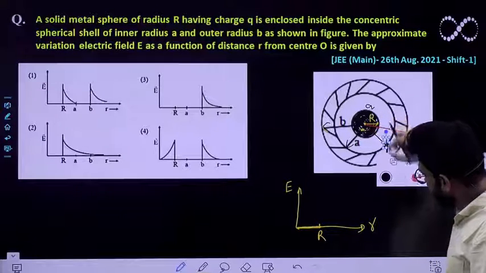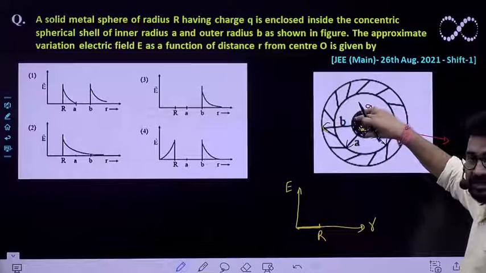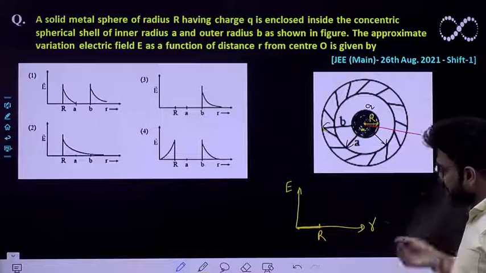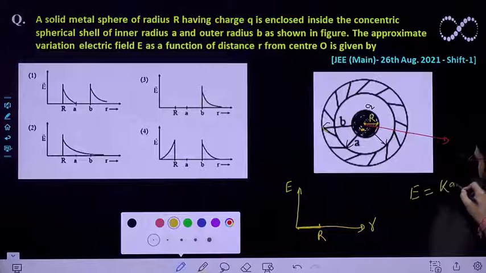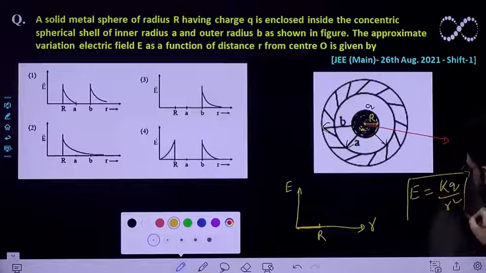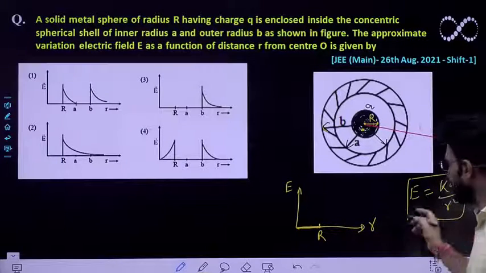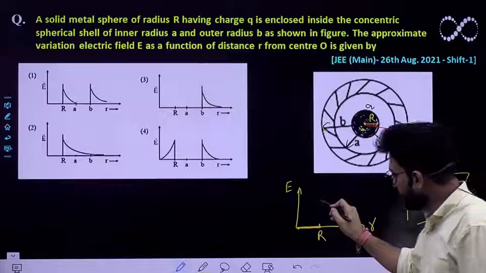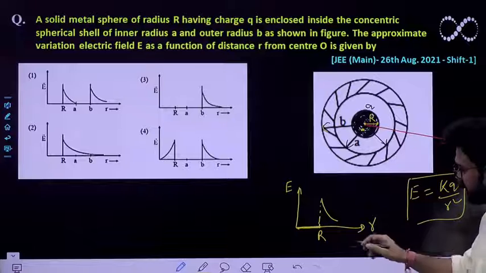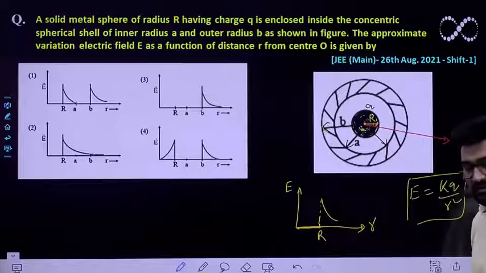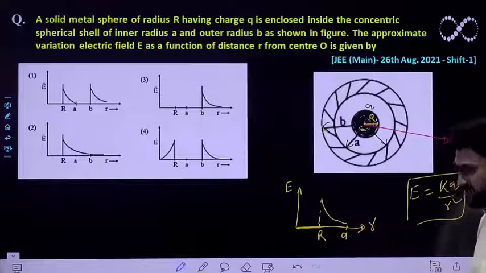In this region the electric field would be because of the charged sphere only, and it is given by kq by r square, where r is the distance from the center. It will keep on decreasing as you move away, till the point A.